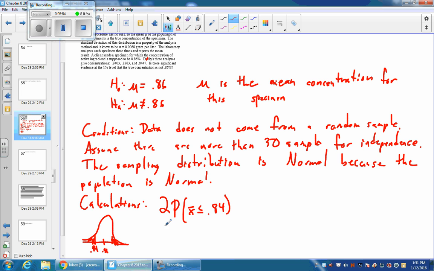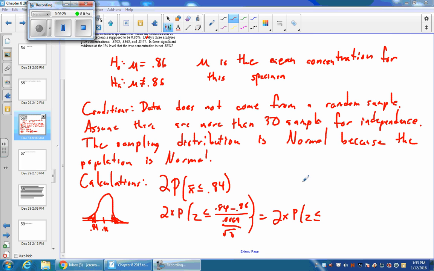Now to find that probability, I'm going to take 2 times the probability that my z-score is less than or equal to 0.84 minus our mean of 0.86 over my standard error, which is 0.0068 over the square root of 3. Let's check this out.